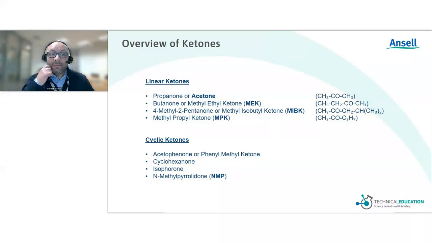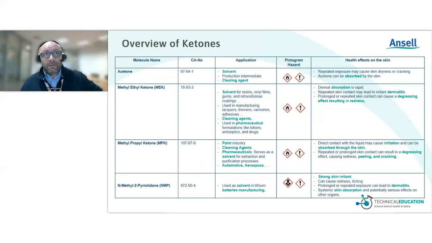It's used a lot in the high-tech industry, the lithium battery industry. It's used as a solvent, and this NMP is something you should pay attention to if you're using it, because it's not a very safe chemical.